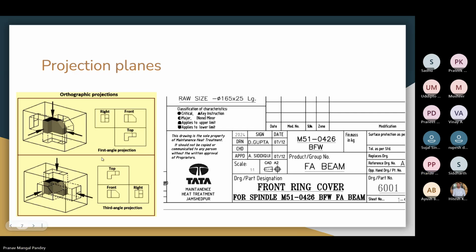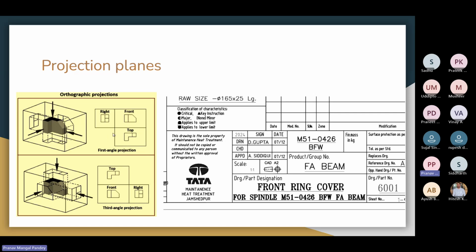Whenever you practiced making engineering drawings, it would have been emphasized to draw the front view at the top right. For Americans, and most of the videos you will see around, they use third angle projection. They will put the front view in the bottom left.